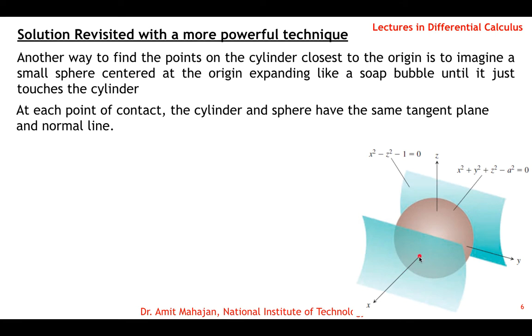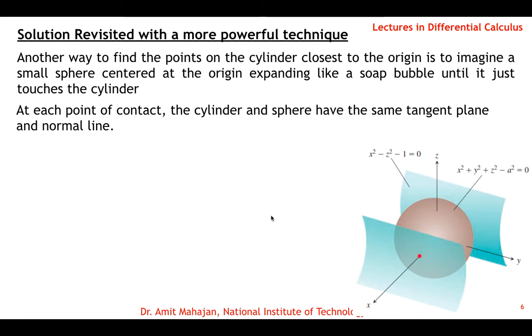Okay, so at the point of contact where the sphere and cylinder meet, they will have the same tangent plane, and they will have the same normal line, or you can say the normal lines are just multiples of each other.